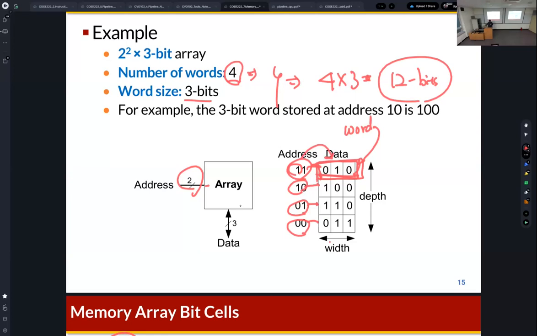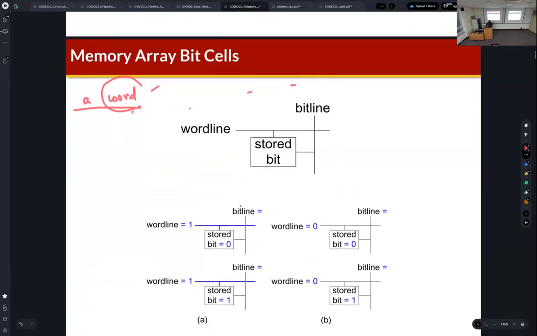And then if this address is given, the number of bits equivalent to the width of a word, which means the number of bits in a single word, is output from the memory.